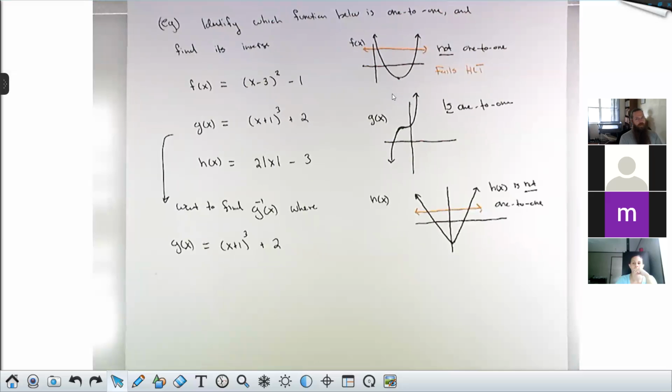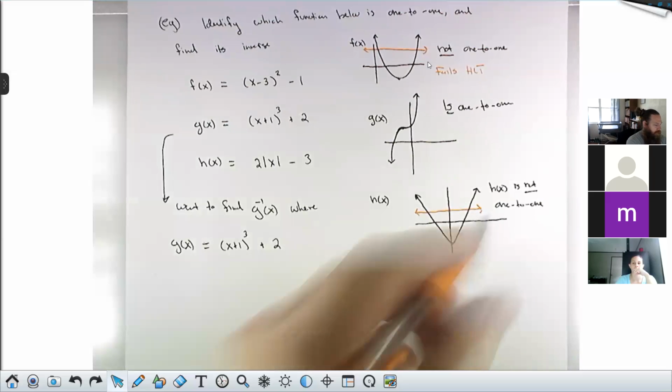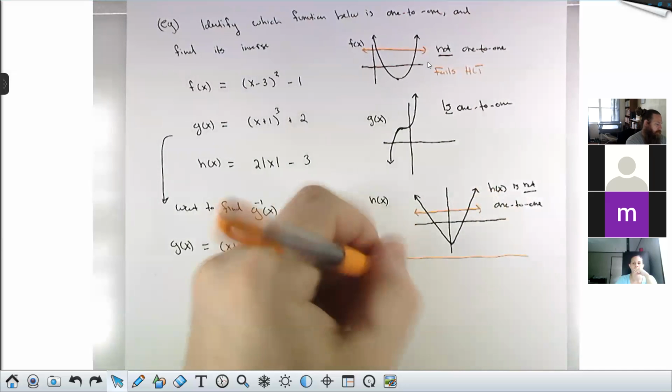Really, the horizontal line test is the main way, right? There is a way to test for it algebraically, but it's a little bit complicated. There is an algebraic definition of 1-to-1.